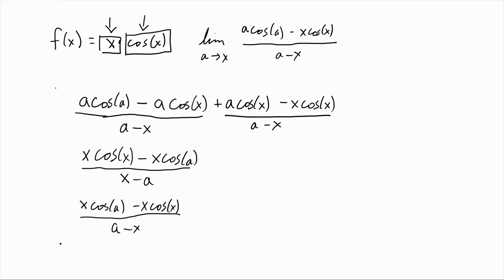Factor the x out, then we're left with cosine of a minus cosine of x all over a minus x. Huh. This looks like something that will actually limit to the derivative of cosine, right? Yes, so that'll limit to the derivative of cosine, which is negative sine, and that'll be multiplied by x.